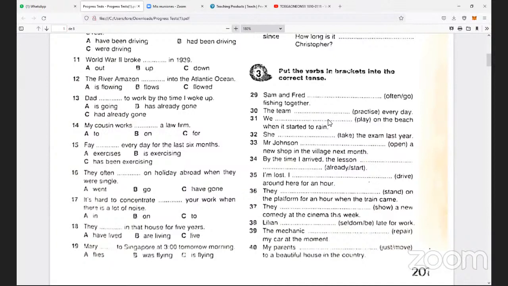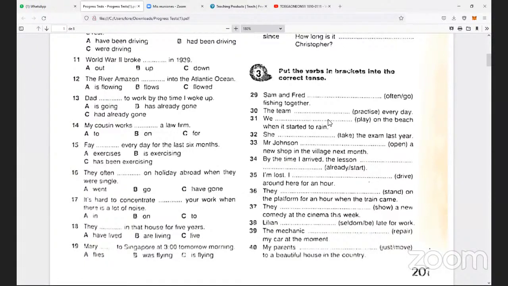In this case, when we have the verb to be and this seldom, which is a frequency adverb, we're always going to use first the verb to be and after that the frequency adverb. So it's Lillian is seldom late for work. Yes, is seldom late for work. It is the same, for example, like always, right? For example, she is always happy.